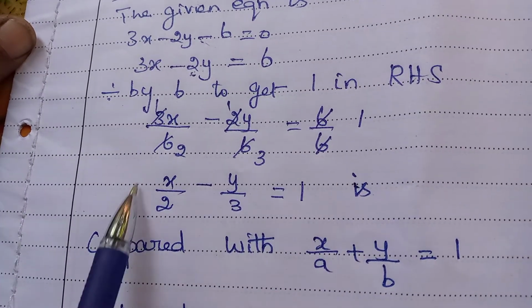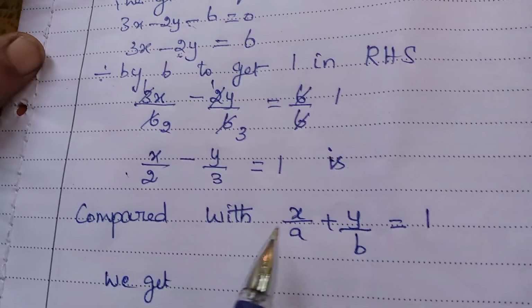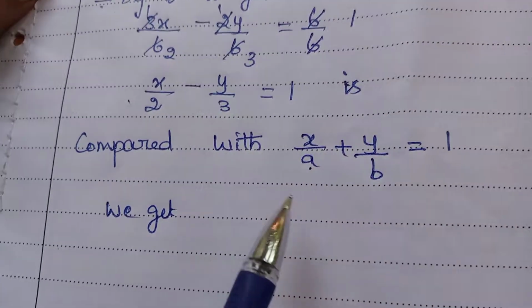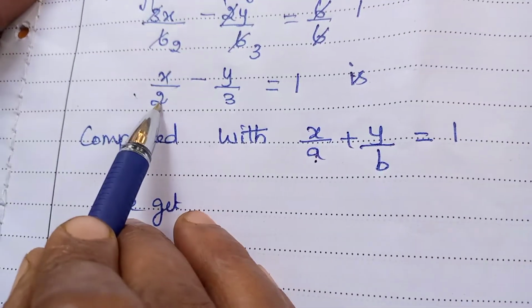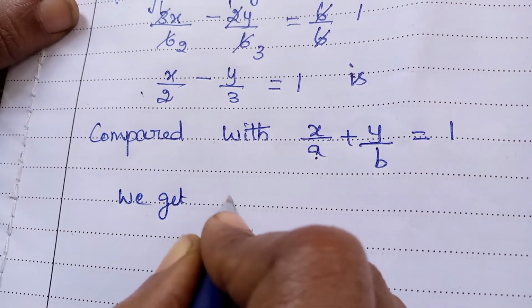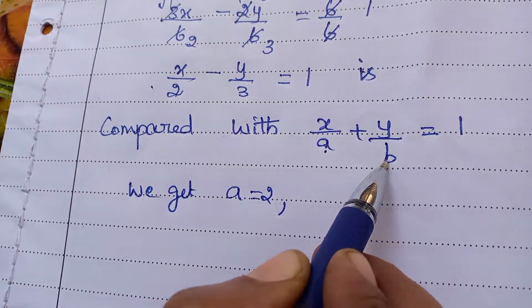So we compare this equation with the intercept form, x by a plus y by b is equal to 1. What do we get now? Corresponding to a we have 2, so a is equal to 2, and corresponding to b we have 3.